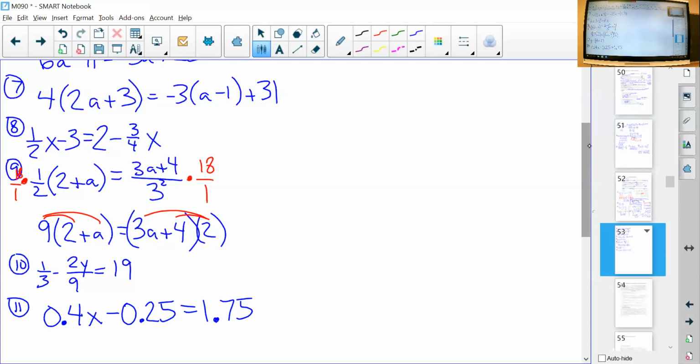Okay, so just like fractions, I can work with decimals. But if I don't have to, if I can work with integers instead, I'd rather do that. So what can we multiply by to make these all into integers? Well, if I multiply by 10, that's taken care of.